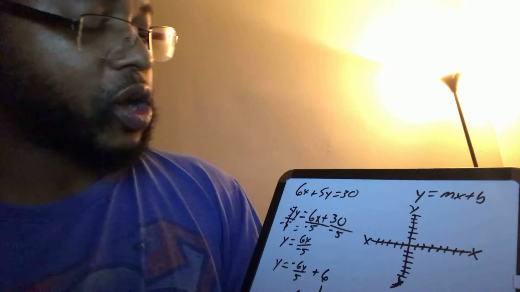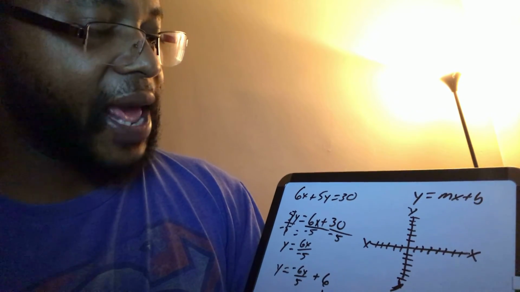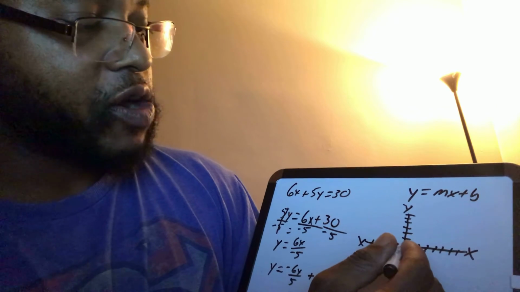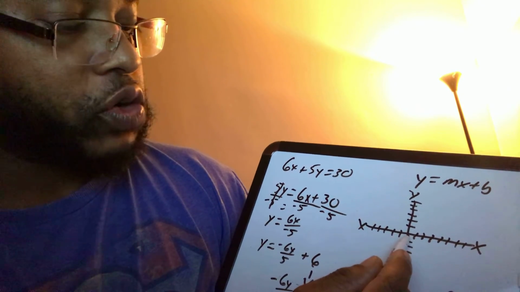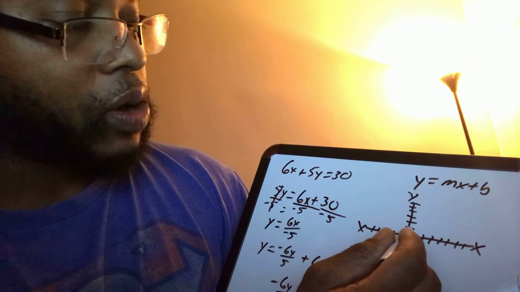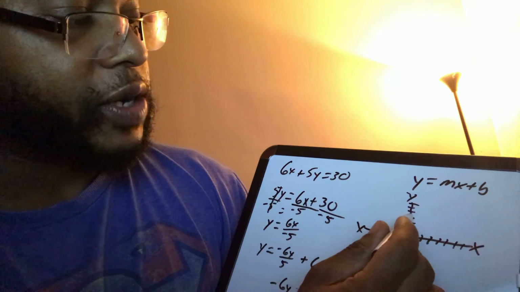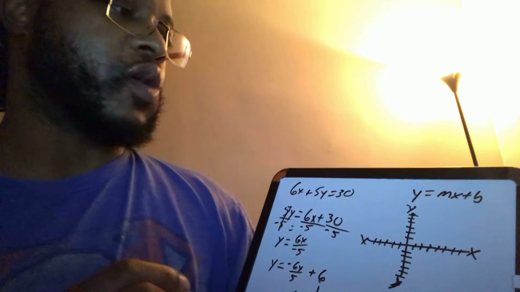So the first thing we're going to do is find our point. We know 0 represents x. So we're going to start here on 0 and we want to move up 6 slots. So it's going to be 1, 2, 3, 4, 5, 6. So that's where our first point is going to go.